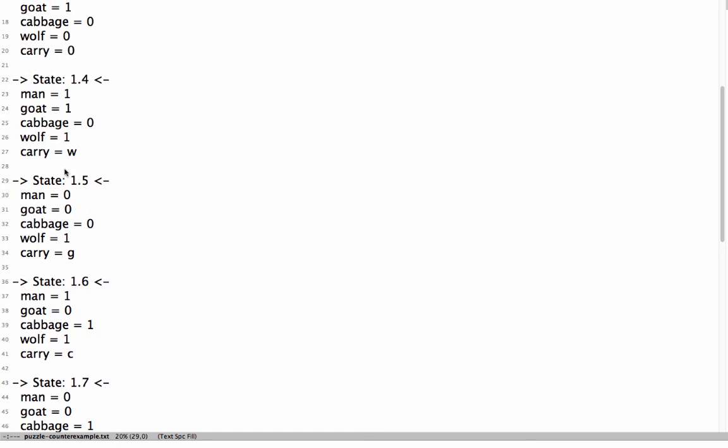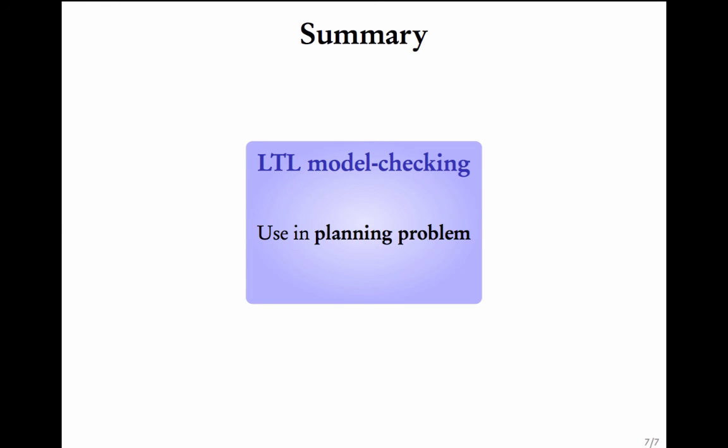What we saw in this module is a way of using LTL model checking to solve a puzzle. This puzzle is part of a bigger class of problems in artificial intelligence called planning problems.